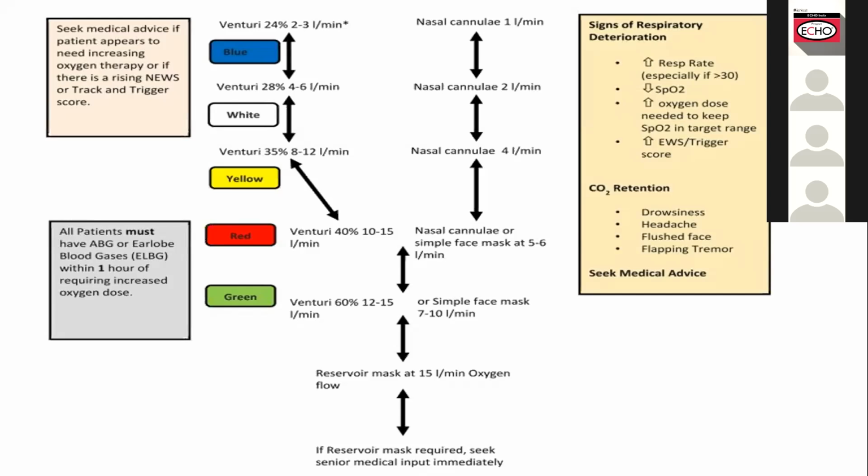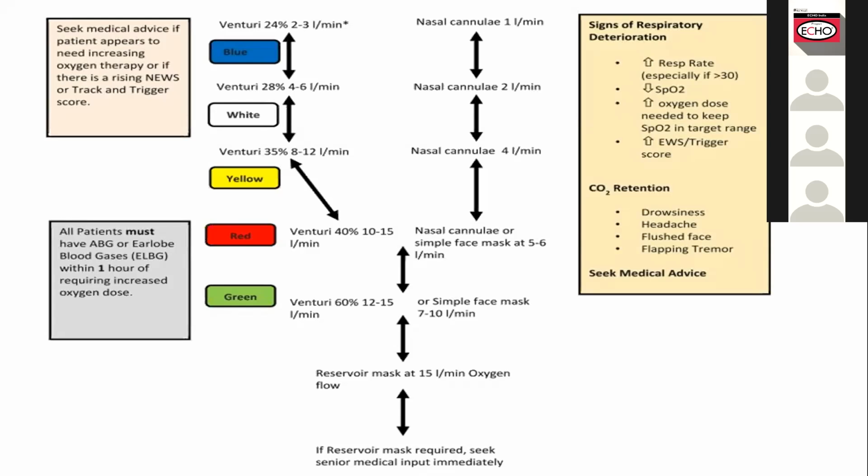an increase in the trigger score, the score we saw for detecting a critically sick patient, the National Early Warning Score, if it is up on the calculator, you need to consider that your patient is deteriorating and move to another level of oxygen support.